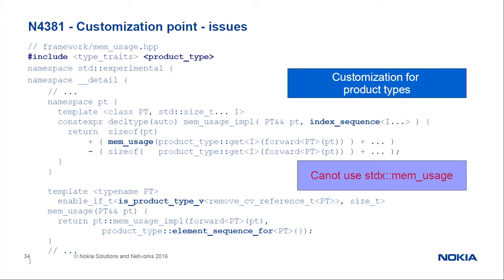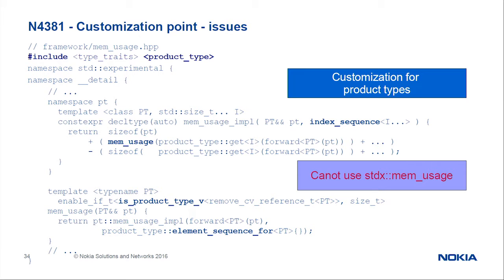Now, for example, for those that were here yesterday, I want to customize it for any product type. Any product type, any struct, any class that has customized the tuple-like access. And in this case, we will define it following one specific formula. We add the size of the variable, and we add the memory usage of the parts, and we remove the size of each one of these parts. This is not important.